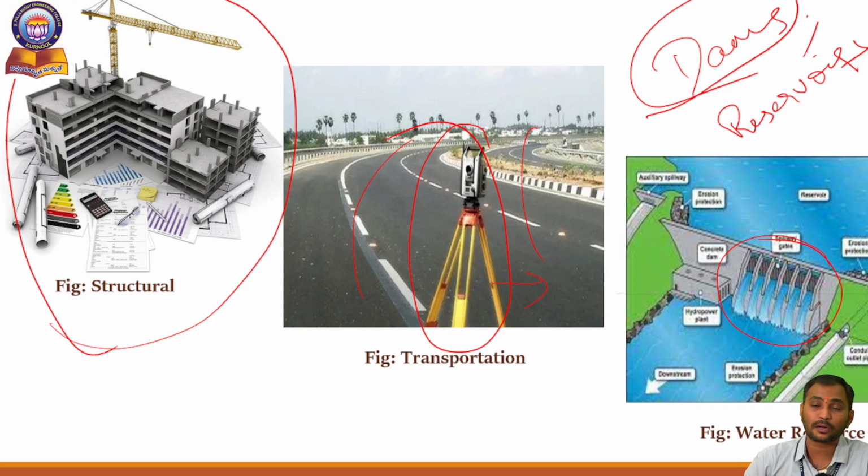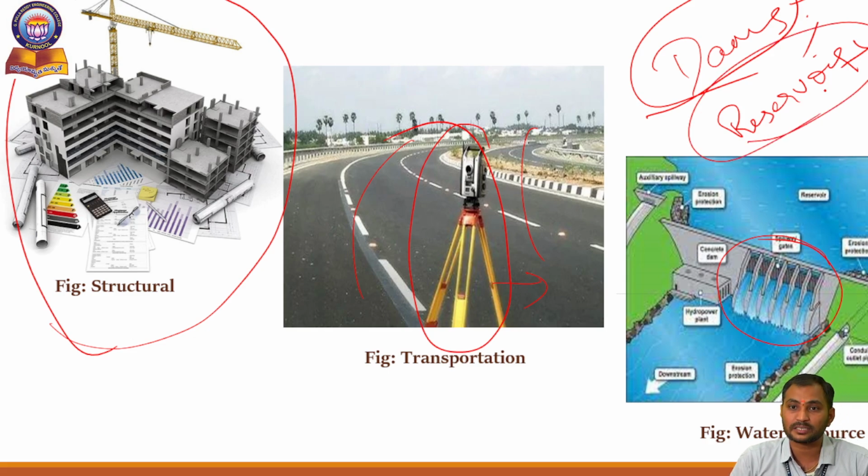If you construct dams, electricity will be generated. If you construct reservoirs, the water will be released for other usage purposes, for drinking purposes or for agricultural purposes, like that. Right, now we will move to the next slide.